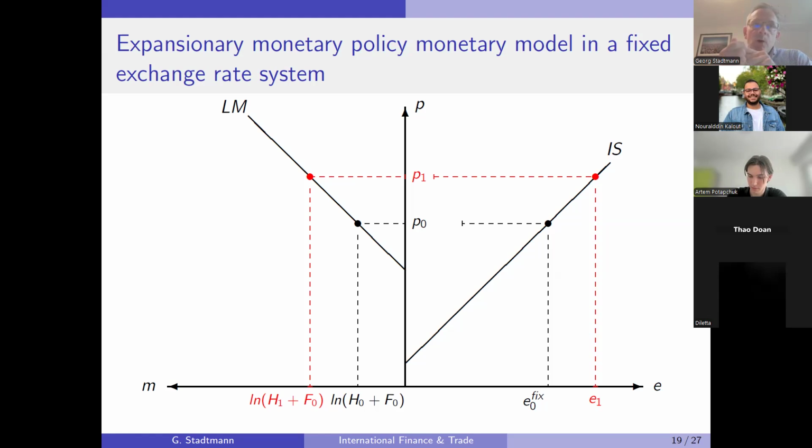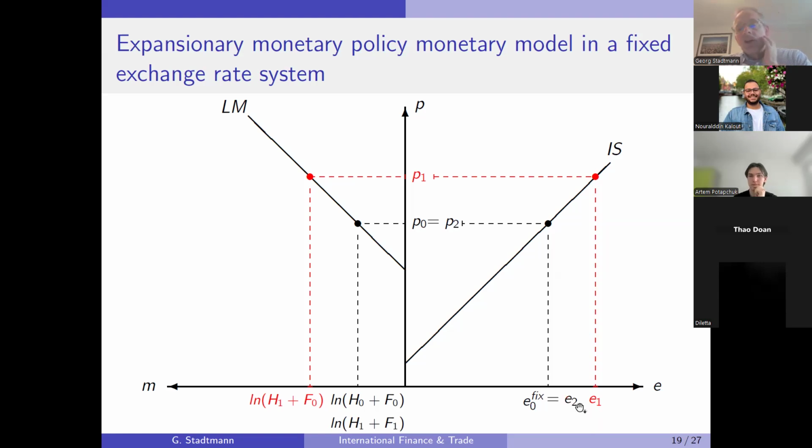The central banker walks over to the foreign exchange market and is supplying foreign currency because the foreign currency is strong, and is demanding domestic currency because the domestic currency is weak. So the central banker is selling reserves and is buying domestic currency, and therefore domestic currency in circulation will decrease.